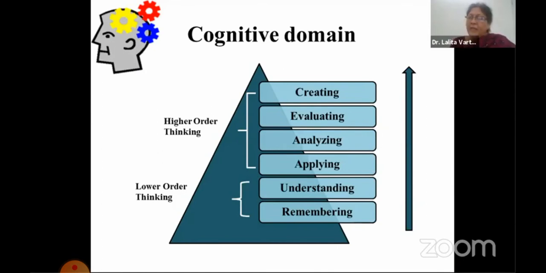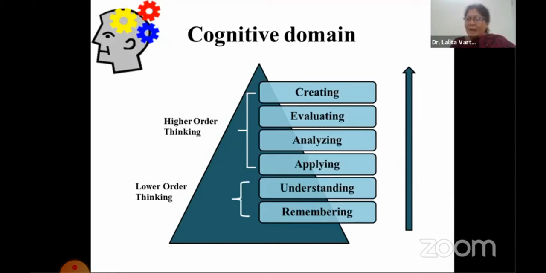But we need not stop there, because we need to take our students gradually to the creating level. It is at that level where the students are going to do certain new things. They are going to contribute something on their own. In other words, learning begins with the lower order thinking skills.